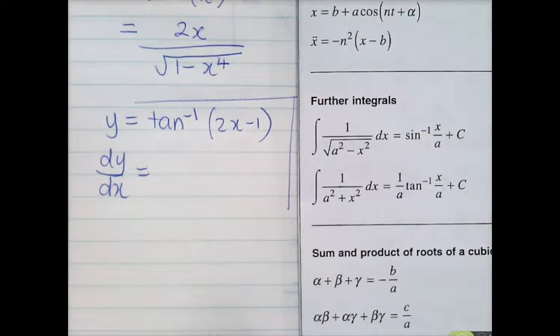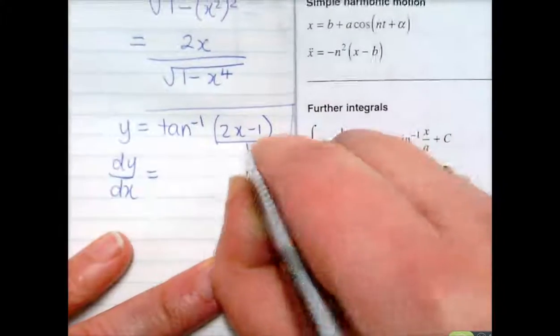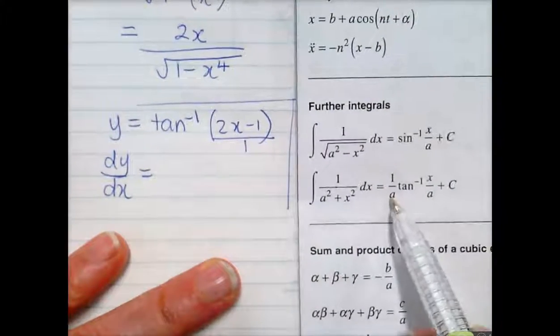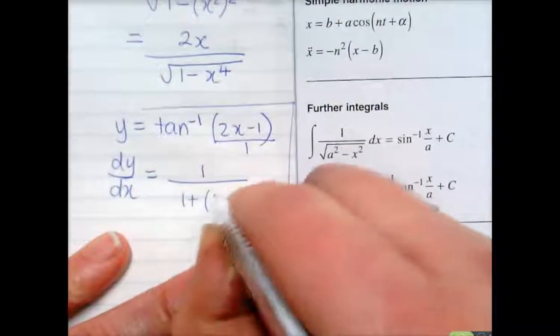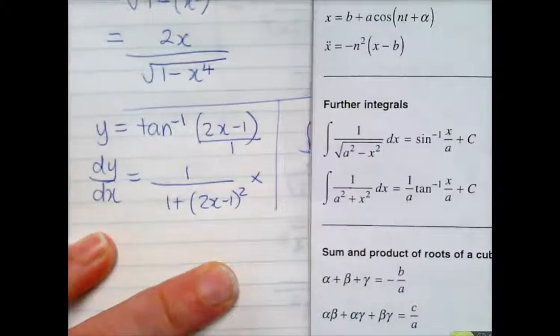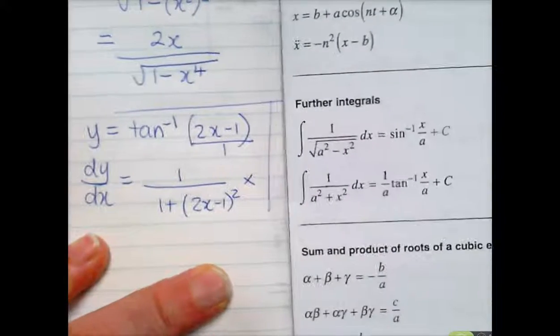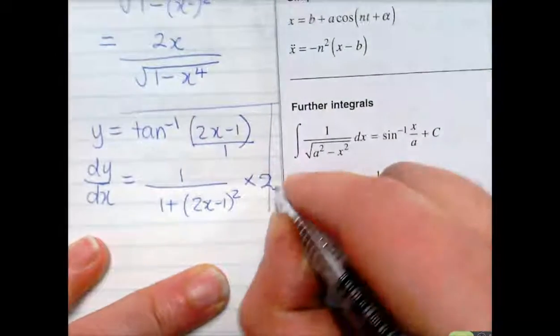We've got to be very careful. We're just going to pretend that the A is 1, and that A is 1. No, you just square the whole bracket when you put it 1 over. So you go 1 over 1 plus (2x minus 1) squared, times the derivative of 2x minus 1, which is 2.